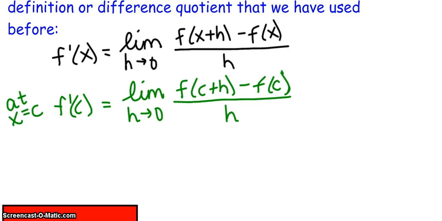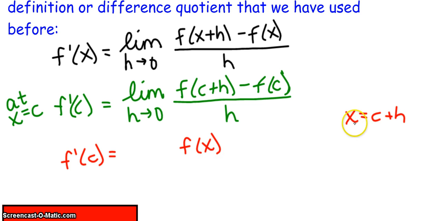So another way to think about this, looking at a specific point, f prime of c, okay, if I decide that I want x to be equal to c plus h, well, that means I can take this limit definition of a derivative right here, and I could write that as f of x, because I just said x is the same thing as c plus h.